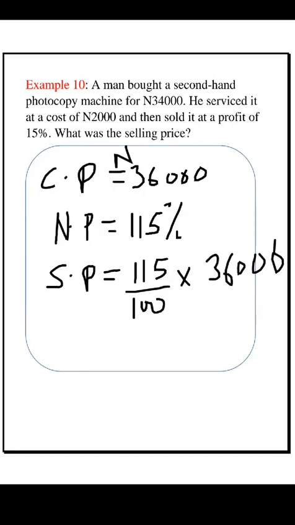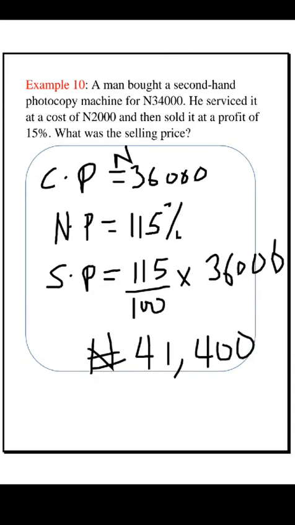Let's let our calculator help us with this. 115 times 36,000 divided by 100. So our answer is going to be 41,400 naira. So that was the amount the man sold it.